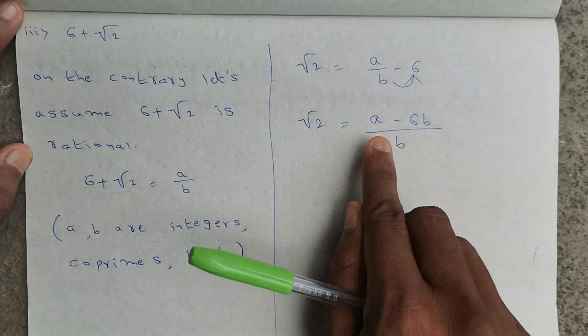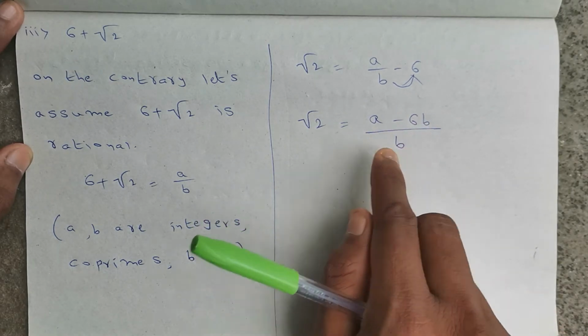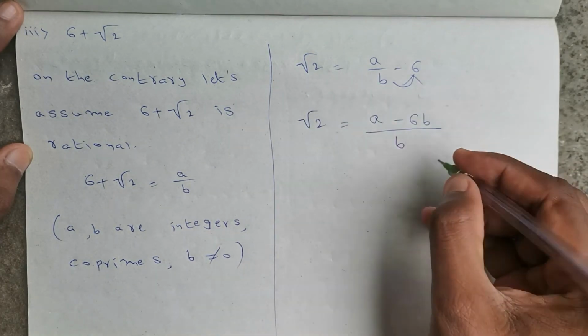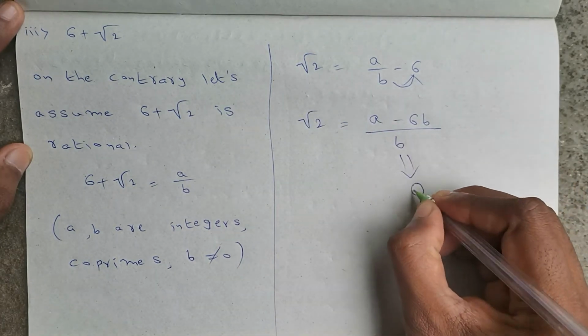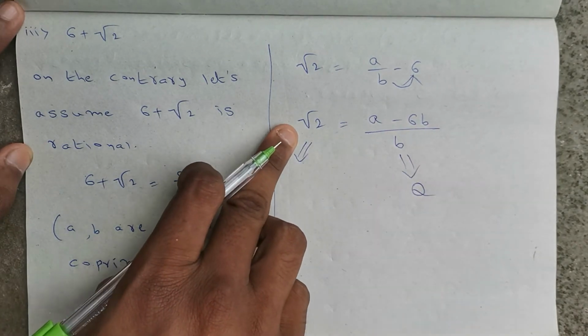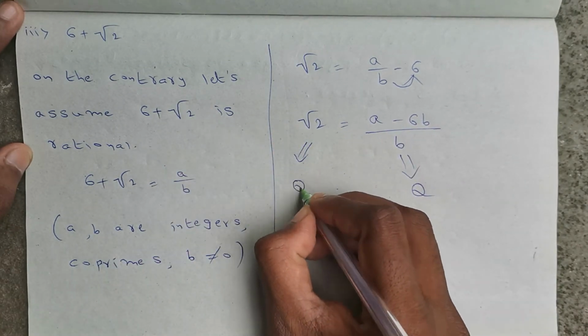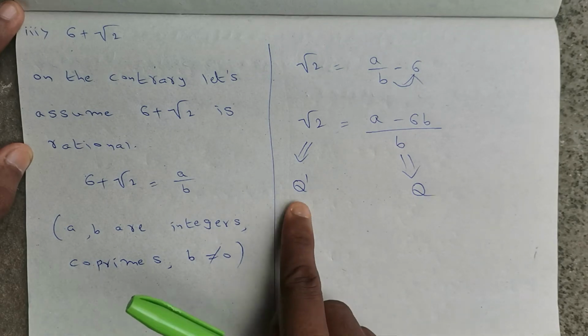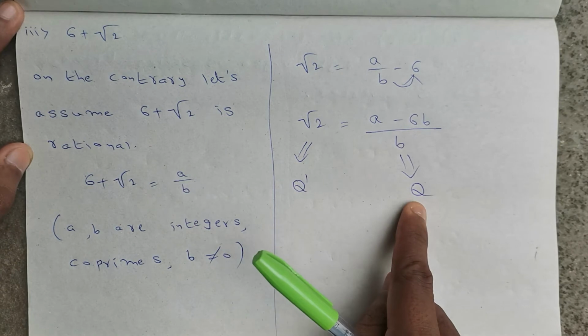Now if we observe, a as well as b both are integers. So this total RHS will become a rational number, whereas LHS root 2 is an irrational number. So an irrational number won't be equal to a rational number.